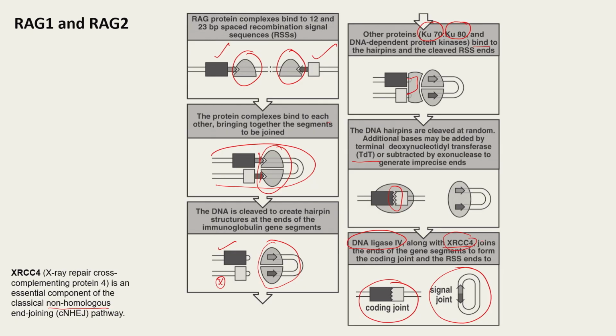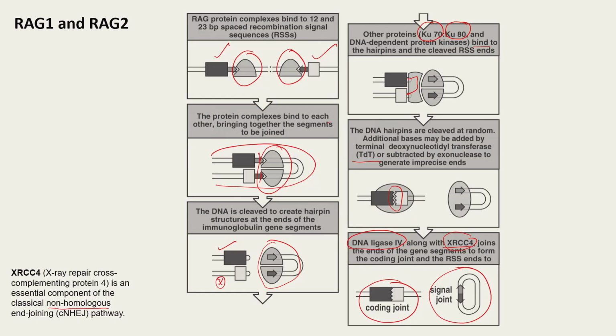So what is emphasized here is that we understood the 12 and 23 rules. There are 12 and 23 spacer sequences which can bind to each other. The RAG proteins come into that site and can make a hairpin-like structure, which we have discussed here, and after binding to this region there is a cleavage, leading to the first strand cut and then the double strand cut. Following that, a lot of proteins are incorporated, such as Ku70, Ku80 and other kinases.